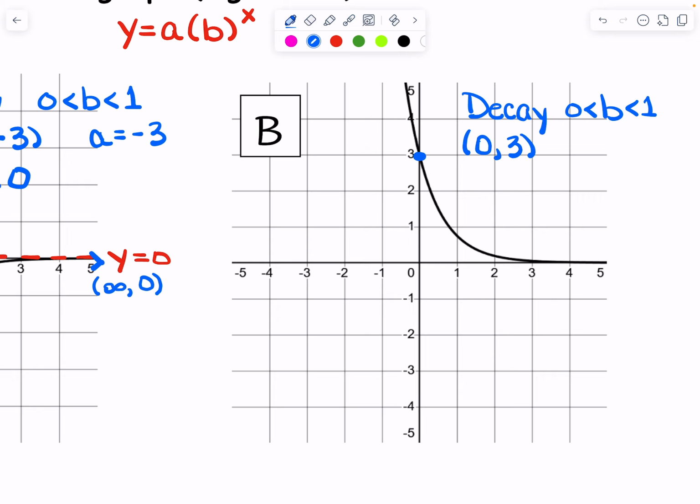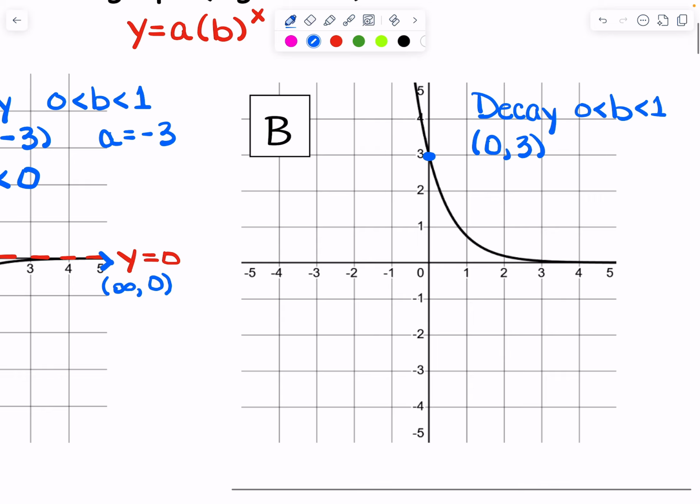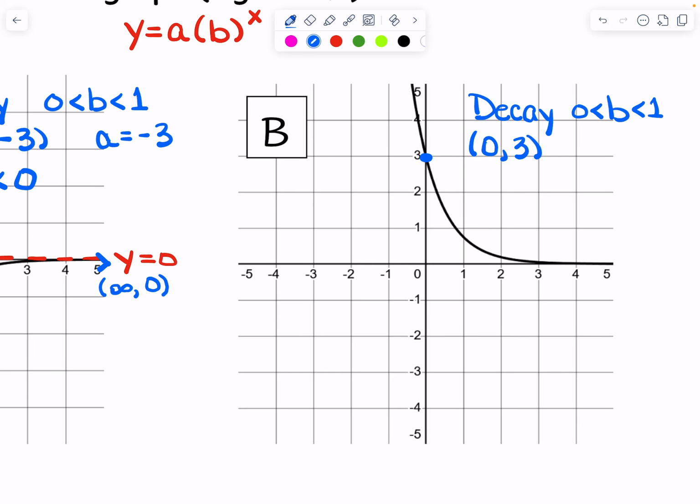And when we're talking about the range, is y greater than 0 or is y less than 0? Looking at this graph, y is actually greater than 0 this time because it is above the x-axis. And the last thing: it's going right towards positive infinity, and it's going down closer and closer to 0.